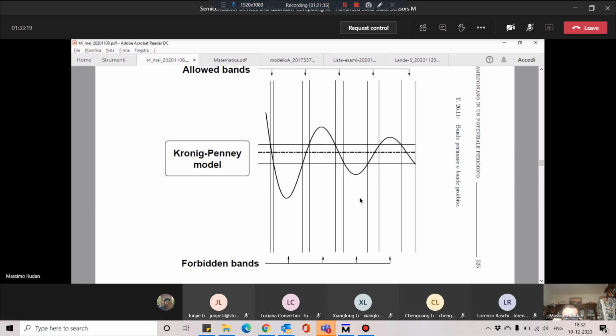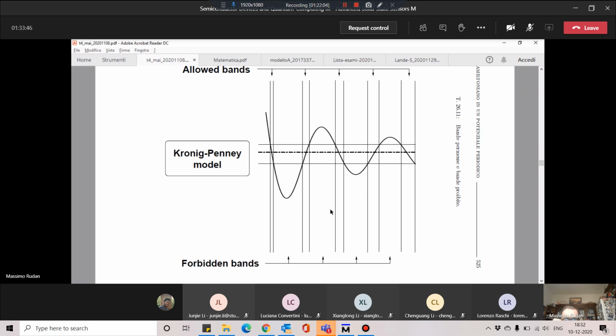The cosine can never be larger than 1 or smaller than -1. So the intervals in which the oscillating function is either larger than 1 or smaller than -1 are intervals of energy in which we do not have any possible solution. They are the forbidden bands.